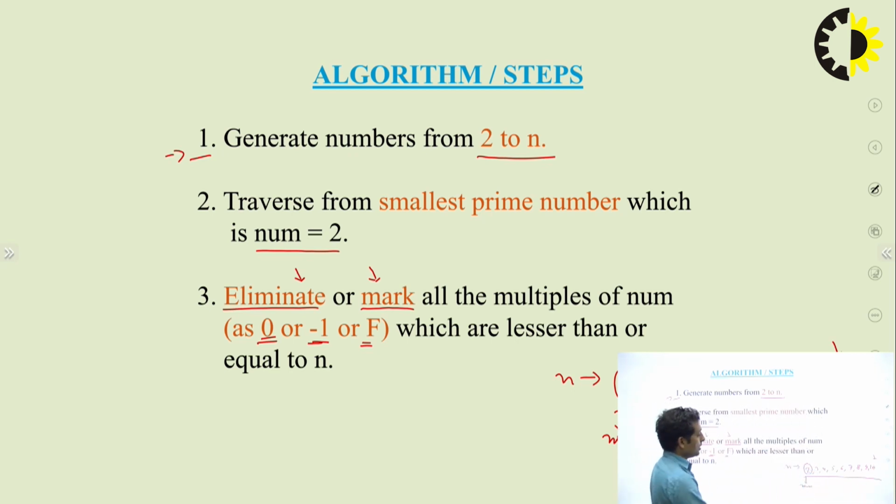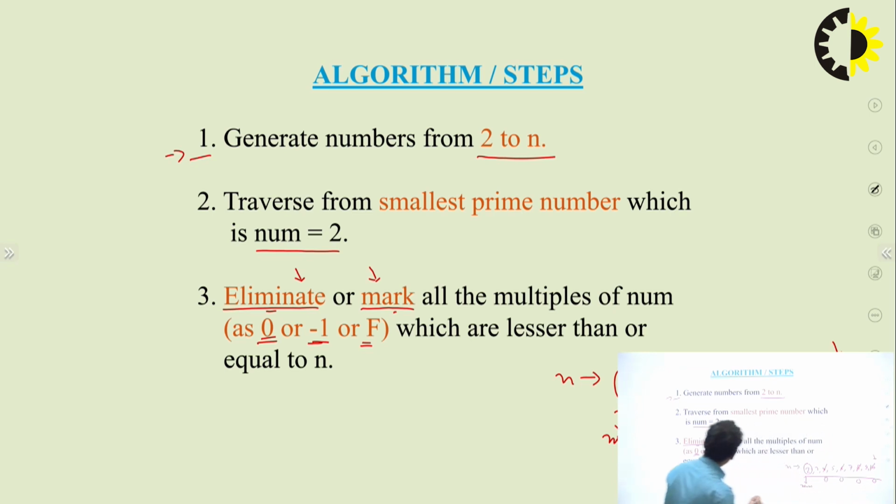So in this example we first choose the number 2. Eliminate or mark the multiples of 2: eliminate 4, eliminate 6, eliminate 8, eliminate 10. If we are marking, we can mark this as 0, this as 0, this as 0, this as 0.